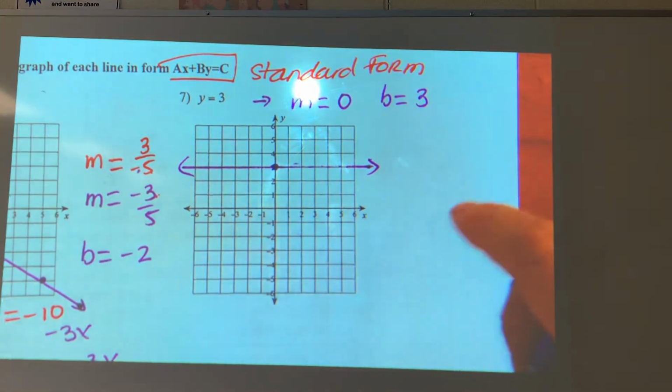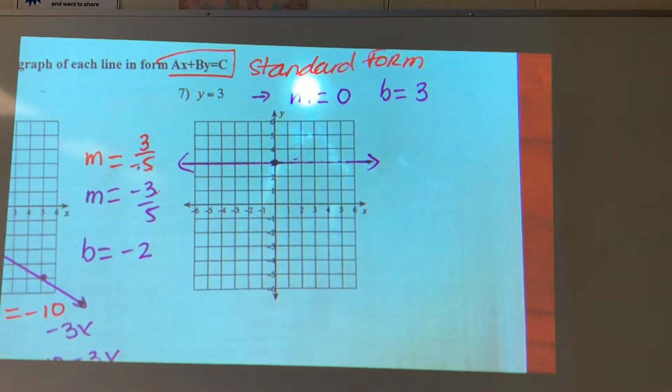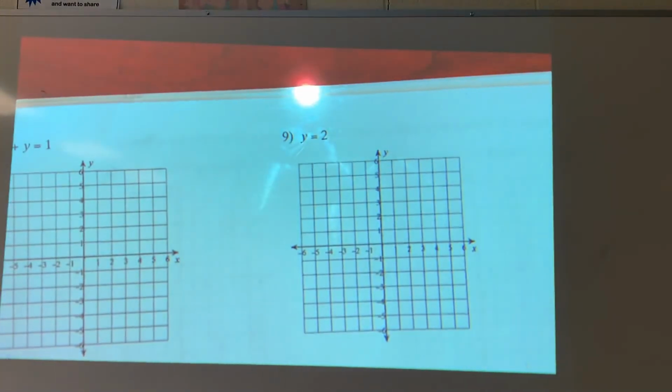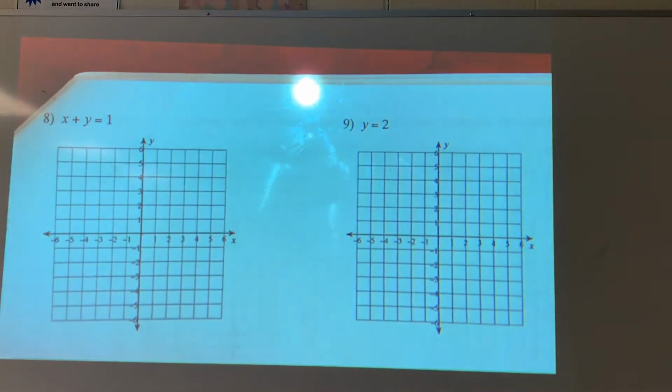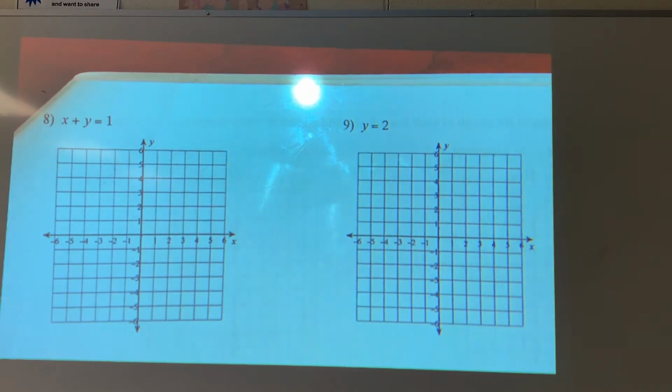We'll talk more about this when I come back. Okay, just turn to the next page. You can practice number 8 and 9, so why don't you pause the video, go ahead and practice 8 and 9. And when you're ready, click on play so I can give the example for problem 10.